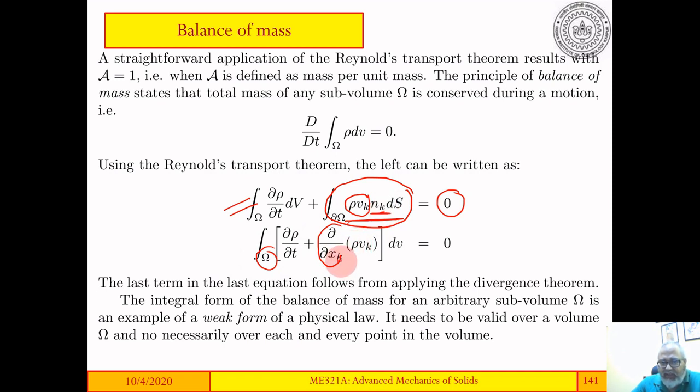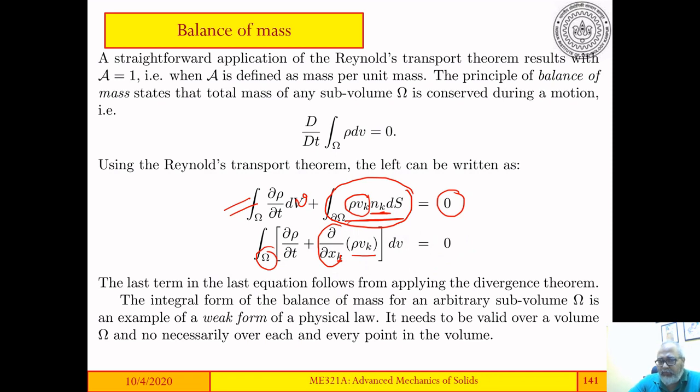So it will have del/del x_k of rho v_k, and these are both volume integrals. So this is going to be dv. I'm sorry, this has to be a small v. So I take the volume integrals together: the integral of [del rho/del t plus del/del x_k of rho v_k] dv is equal to 0 over the whole omega.